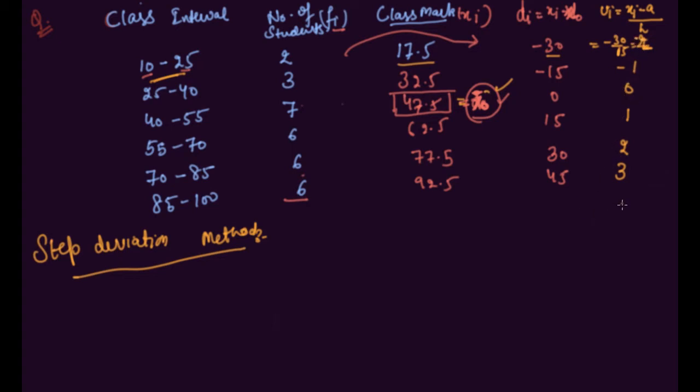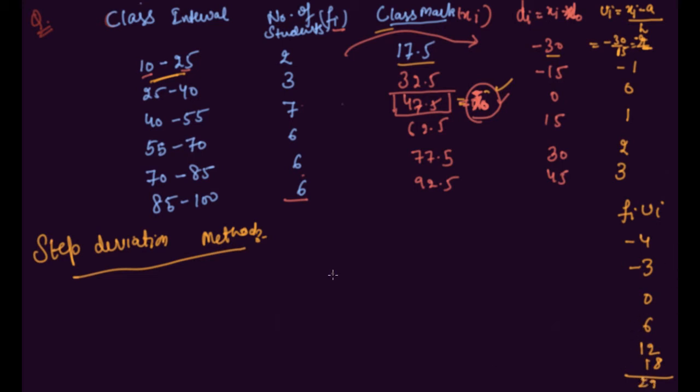Now I will find the value of fi ui, and if you do the calculation, fi ui will be 2 into minus 2 is minus 4, 3 into minus 1 is minus 3, then 0, then 6, then 12, then 18. Now as you can see, the calculation part is very little here. 18 plus 12, 30, 36 minus 7 is 29.